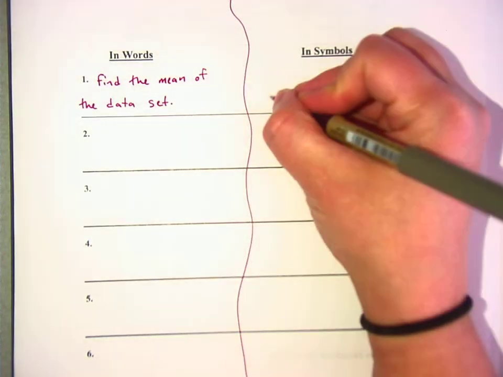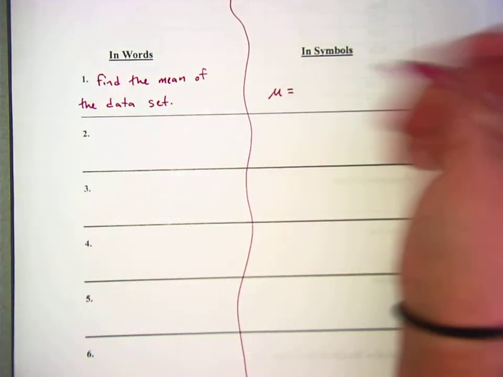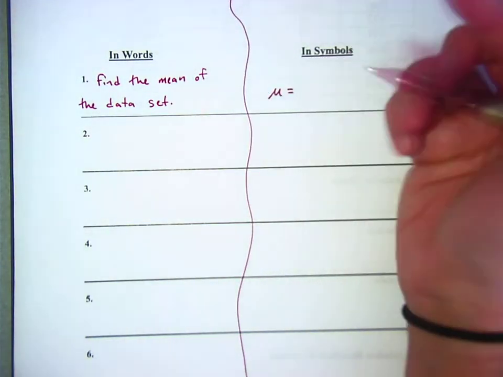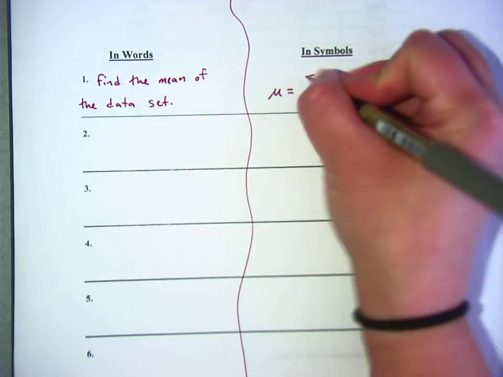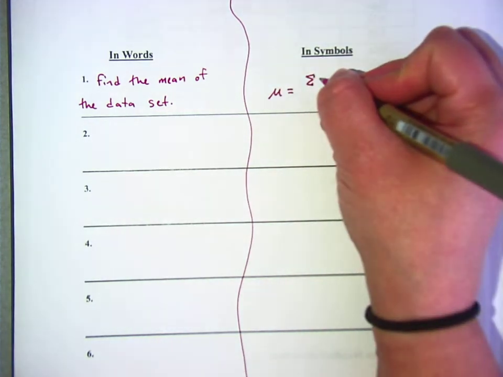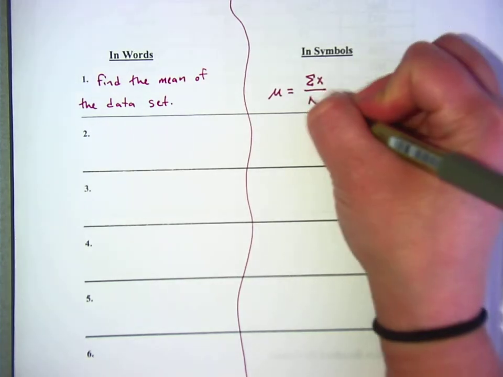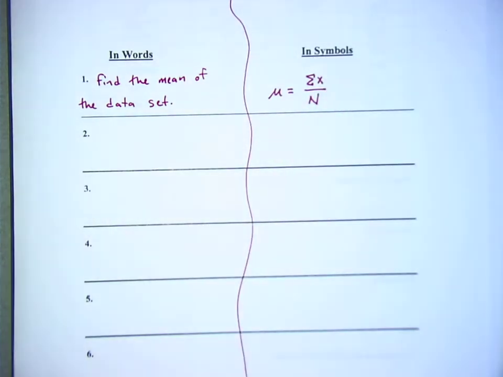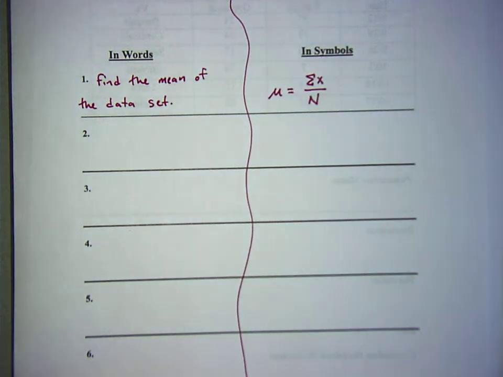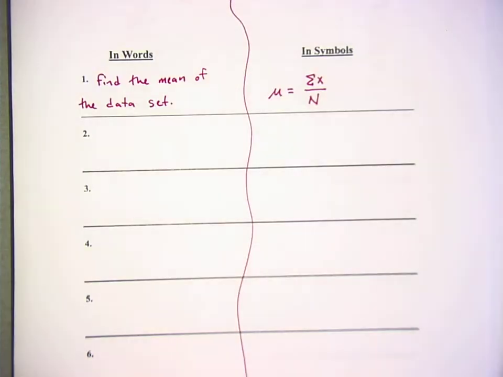And if I was going to write that in symbols, I would say, well, mu, which is what population mean is, is the summation of all of the data, and then you divide by capital N, where capital N is the total number of data points you have.